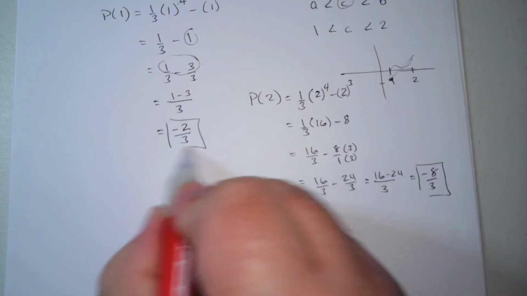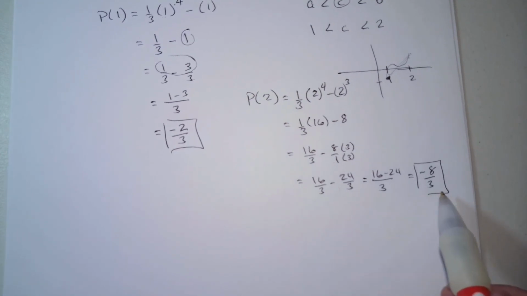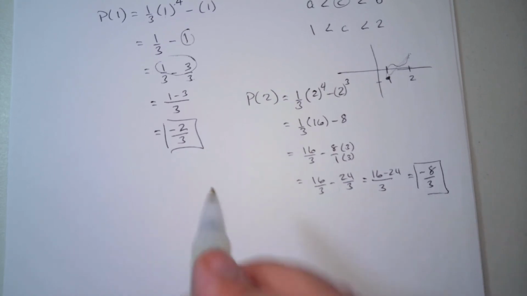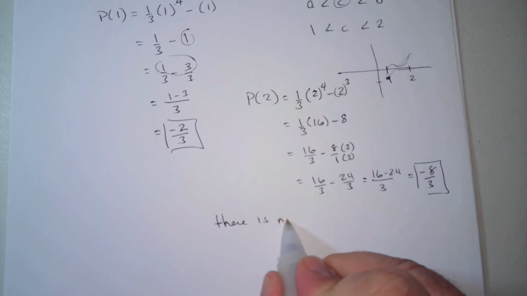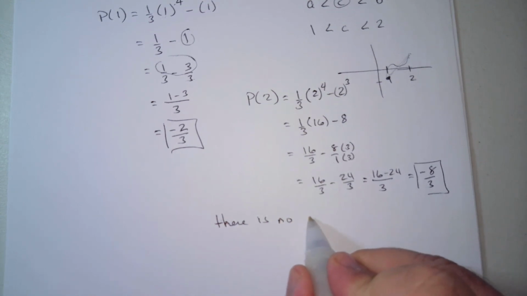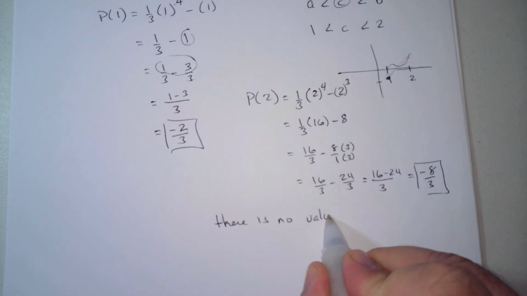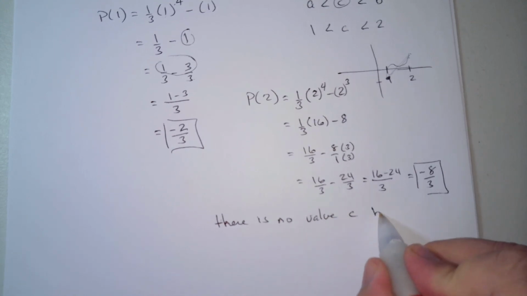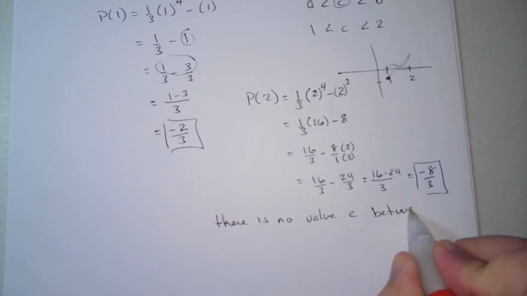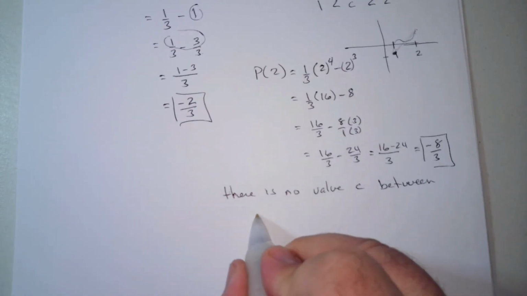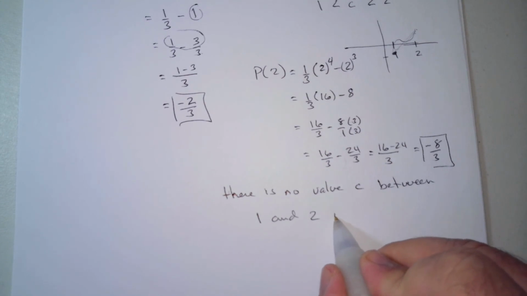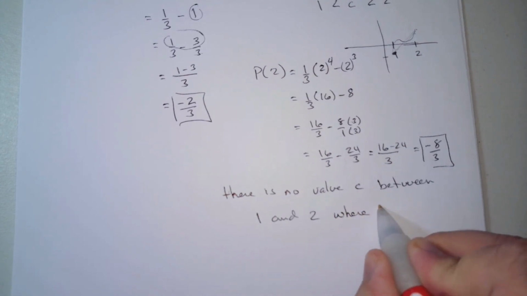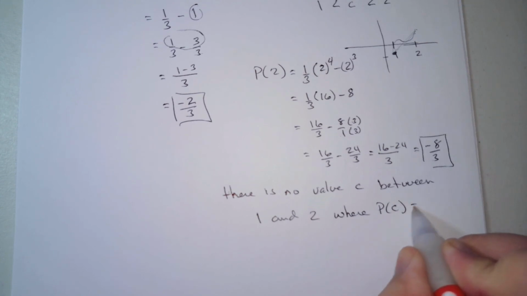So we look at these two answers. Since they're both negative, there is no value C between 1 and 2 where the polynomial equals 0.